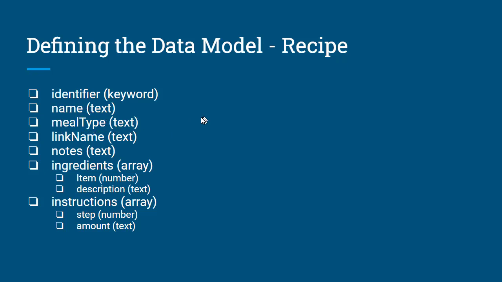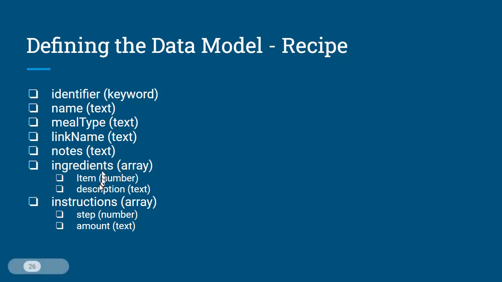The meal type will be like whether it's breakfast or main meal or a side or something like that. This will be a pointer, a URL or a web address to where I got the recipe from on the web or some source. And typically I grab one that I like, and then I add my own. I change it around, change the ingredients or add things.